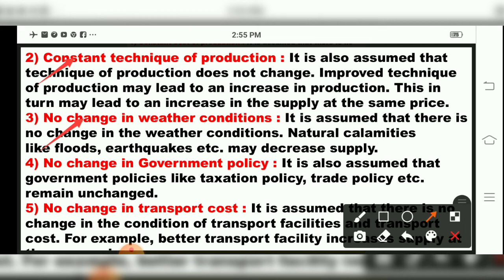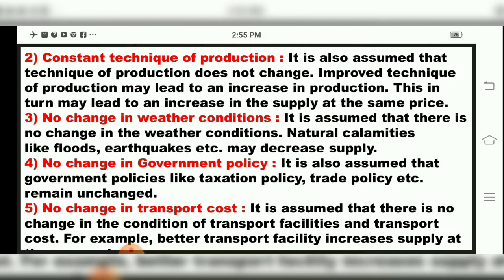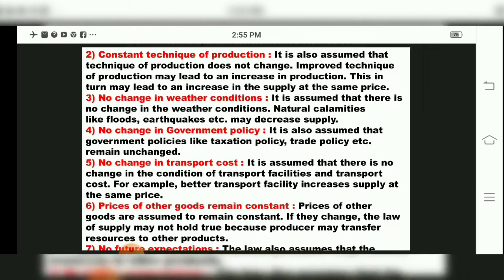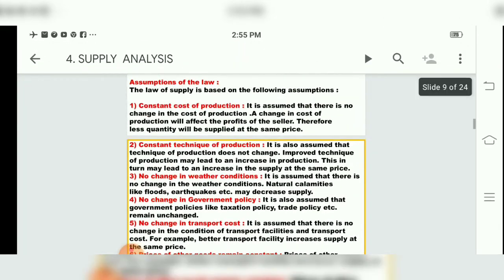So no change in weather conditions should be there, constant technique of production should be there, children. The first one we have seen regarding assumption of supply was constant cost of production. So these three we studied in this chapter: constant cost of production, constant technique of production, and no change in weather conditions. Why are we studying these assumptions?